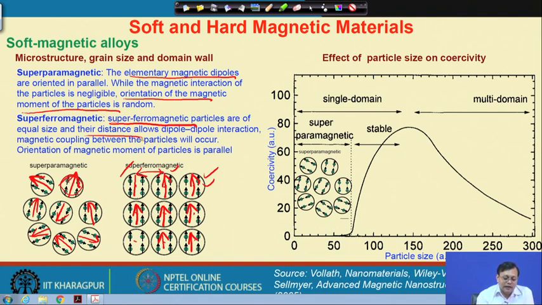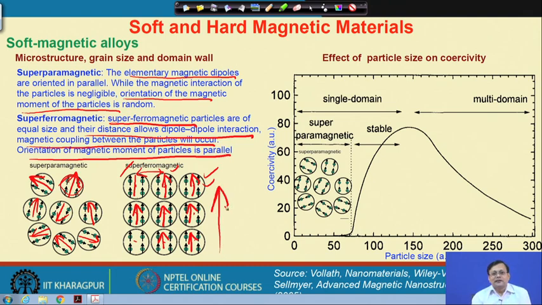So, that will allow a dipole-dipole interaction and magnetic coupling between the particles to occur, and the orientation of the magnetic moments of particles are all parallel in a particular direction. So, this is a very interesting phenomenon in a nanocrystalline soft magnetic material, where I can produce a very fine nanostructure with a super paramagnetic or super ferromagnetic type of behavior.